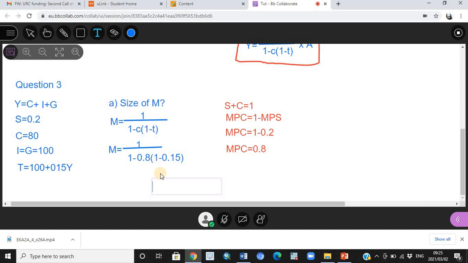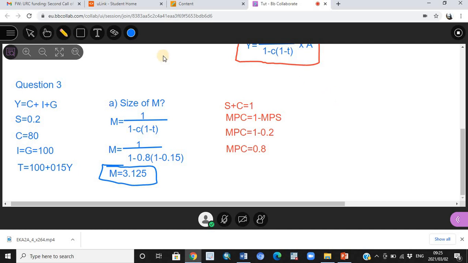So I will say 1 divided by 0.32. This is going to be equal, that means the size of M of our multiplier is 3.125. So this is our multiplier. Okay, very good.